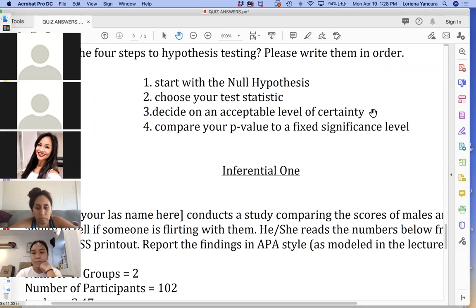Those are usually what we see in research. That's saying I'm willing to accept a 1% chance that my results are due to chance, a 5% chance, or a 10% chance. So 0.01, 0.05, and 0.10 are really our choices for step 3. So step 3 is super easy, because it's just deciding between 3 outcomes.